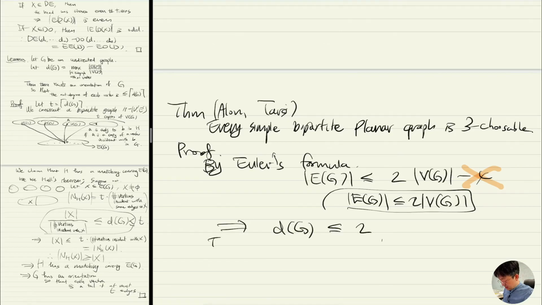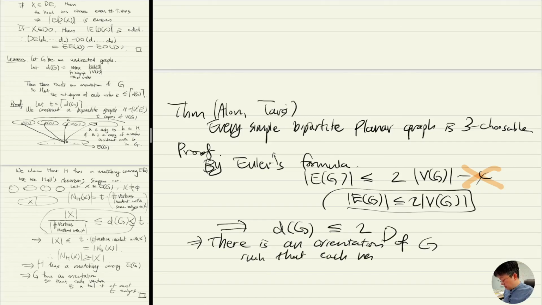So there is an orientation D of G such that each vertex has out degree at most 2.